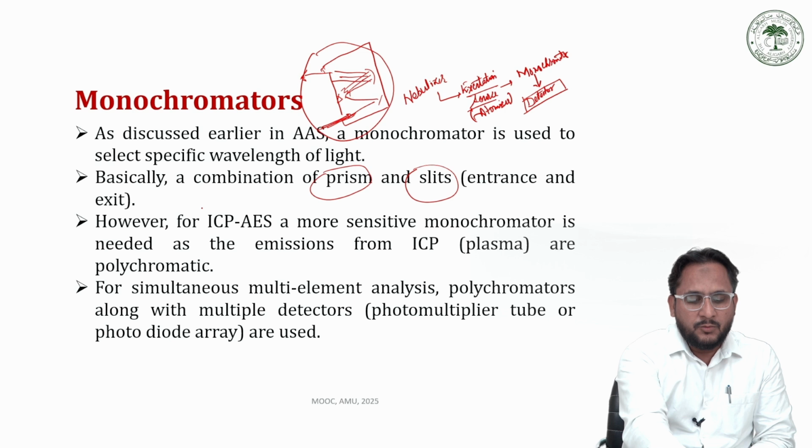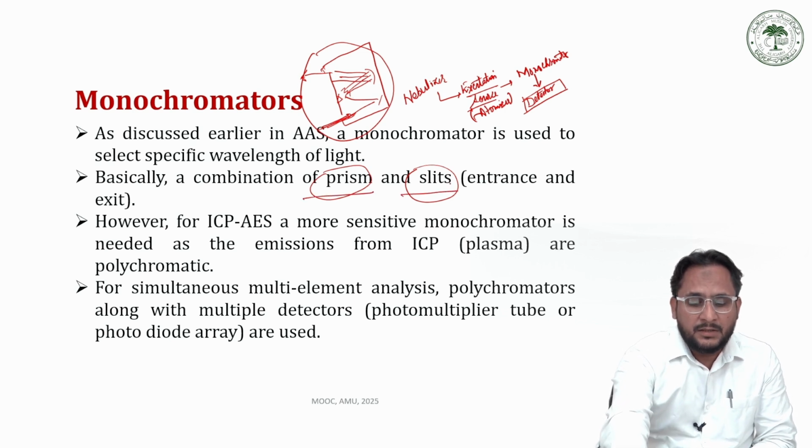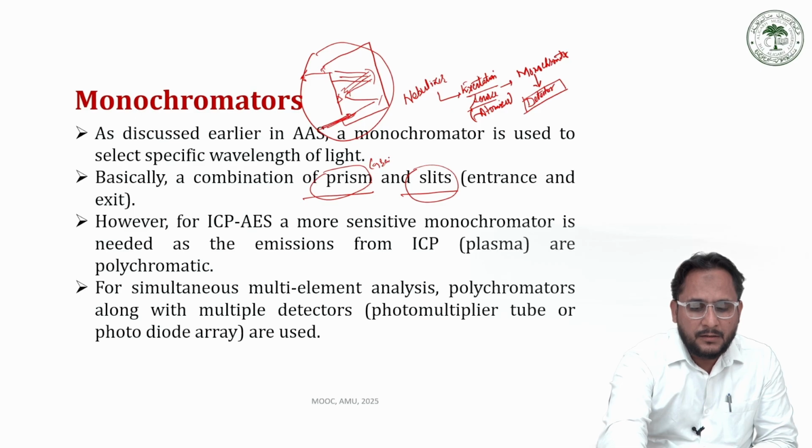So this monochromator is a combination of a prism and two slits. We can also take a grating as well.